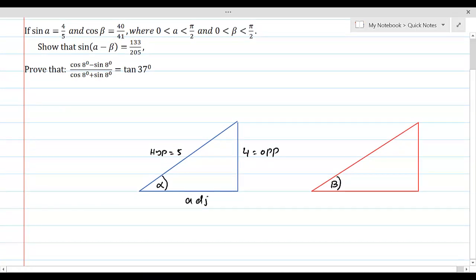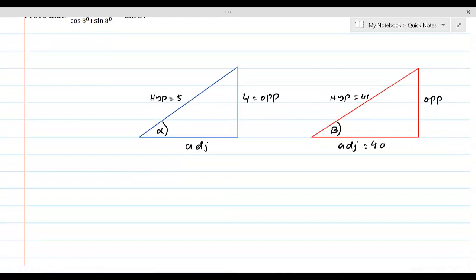And for the second triangle, we are given cos beta is equal to 40 over 41, means base or adjacent is 40, and hypotenuse is 41. So this is adjacent and the opposite is not known in this case.